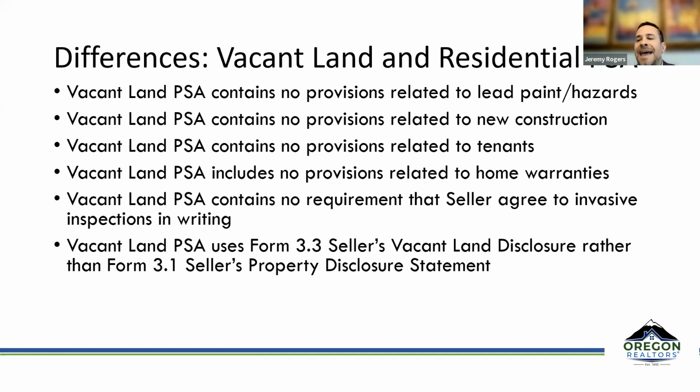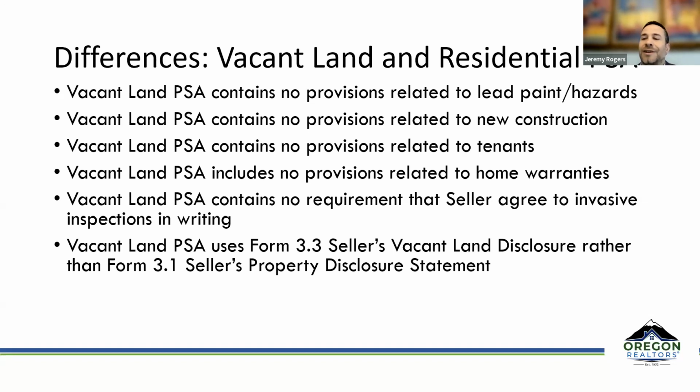Now, even if we did not have a vacant land disclosure document, a seller of vacant land would still be obligated under common law and under the contract, because under the contract they're saying that there are no material defects. They'd still be obligated to disclose any known material defects to a buyer, regardless of whether we required the specific Form 3.3.